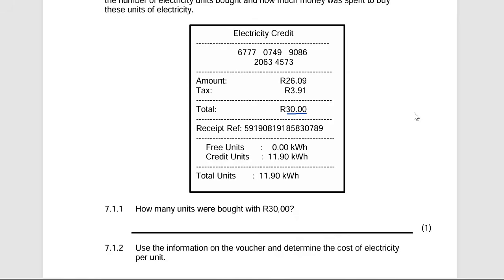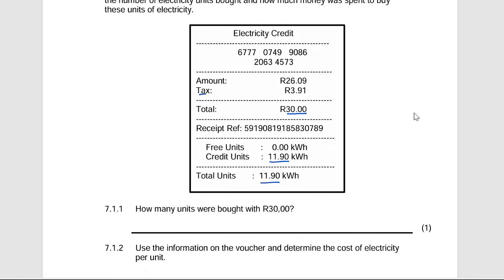Then they included their tax there and all, right? So on the receipt, the credits, or total units, is 1190 kilowatt hours, right? So how many units were bought with 30 rands?